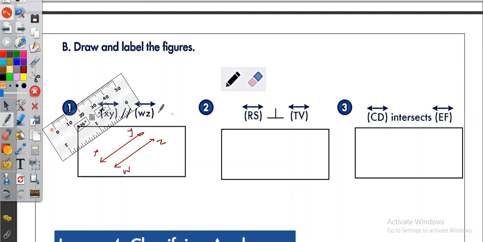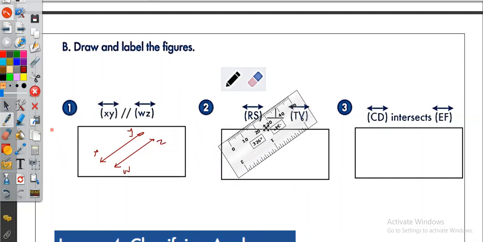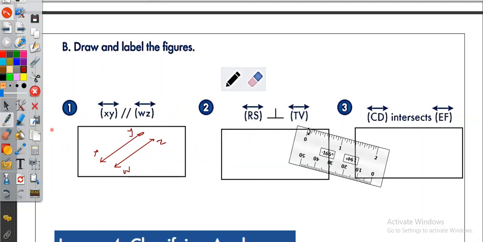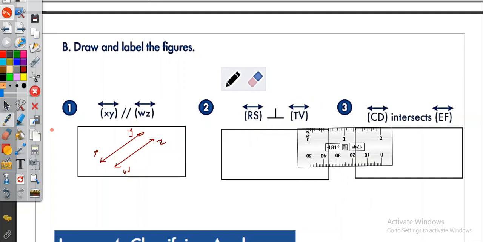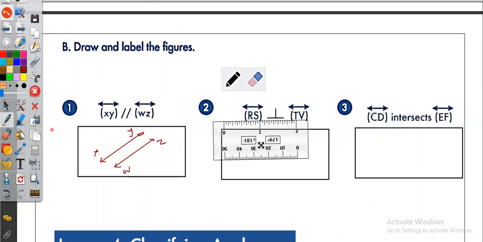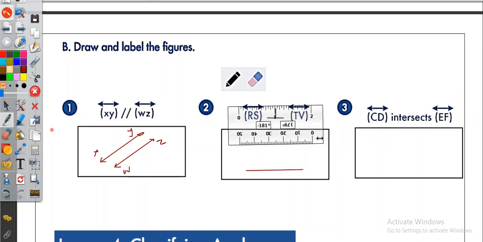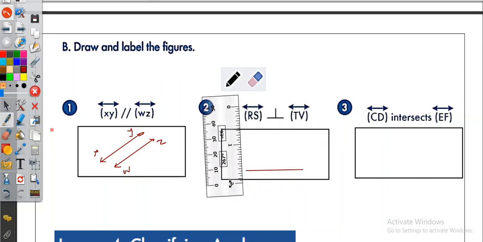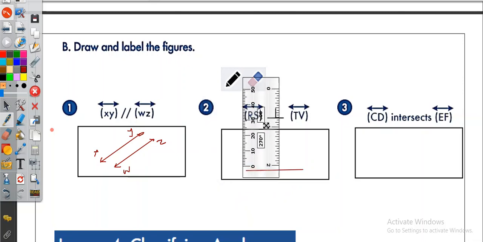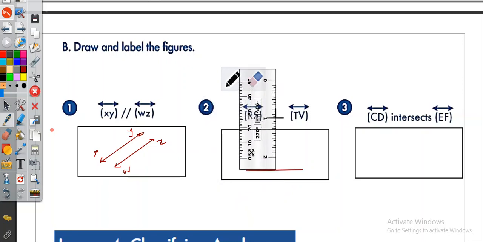The second one is perpendicular, so bring the ruler. Then, okay, move it. Draw a line. Then make the ruler now vertical. Okay, this is one of the ways. You can draw it also with a protractor.